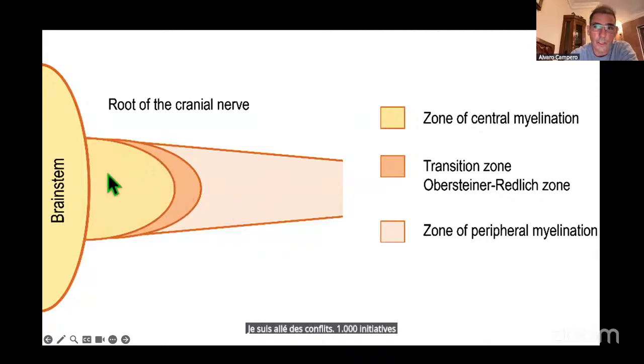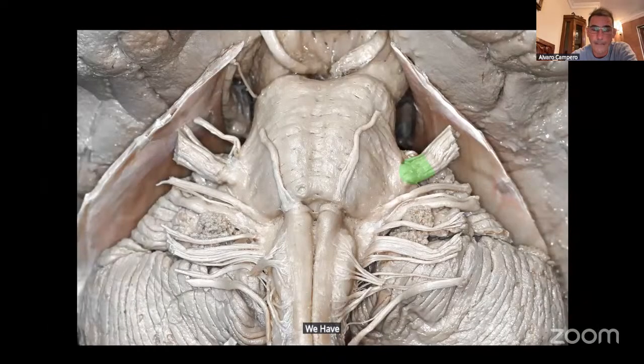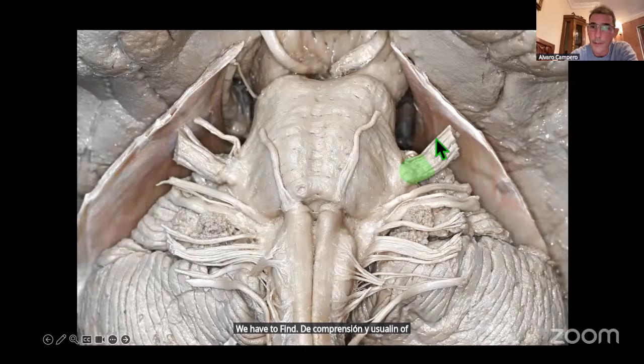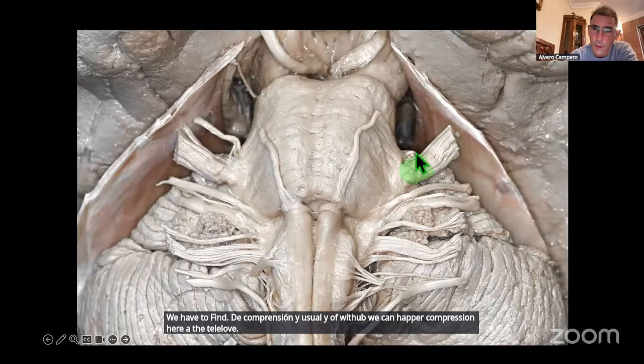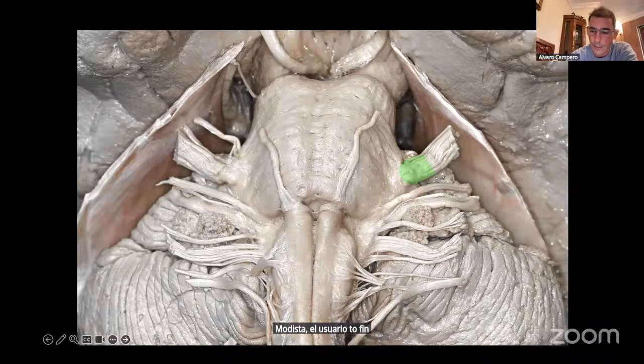So this is the central myelination and the peripheral myelination. Here, at the level of the Obersteiner-Redlich zone, is where we have to find the compression. Of course, we can have a compression more distal, but usually we have to find it at this level.